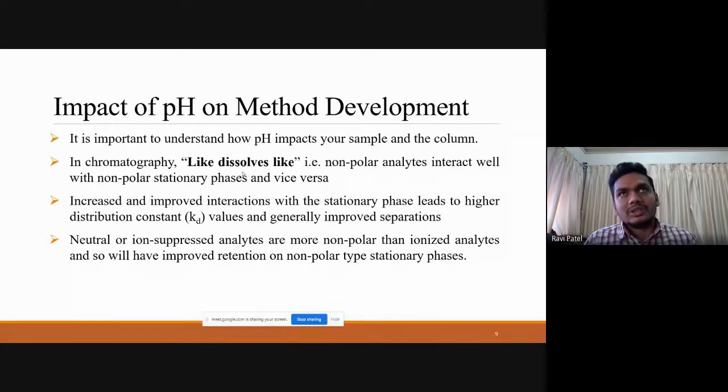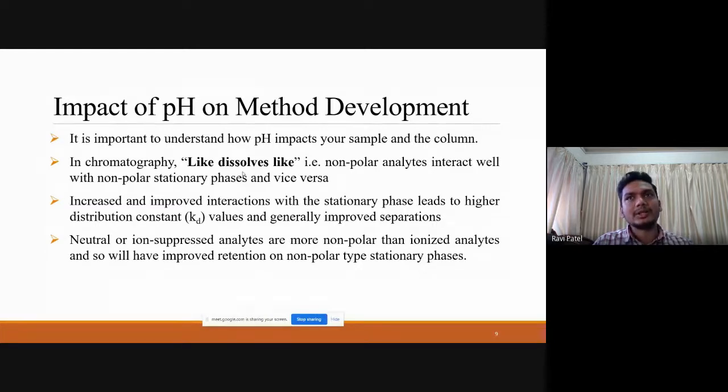As we all know the tagline, like dissolves like: non-polar interacts with non-polar compounds and polar compounds interact with polar compounds. In RP-HPLC, the mobile phase is polar and the column is non-polar.